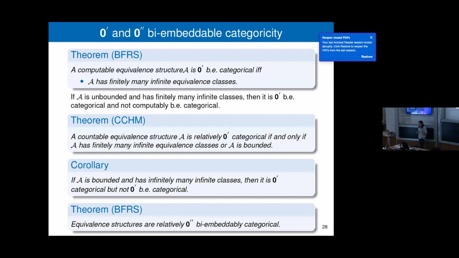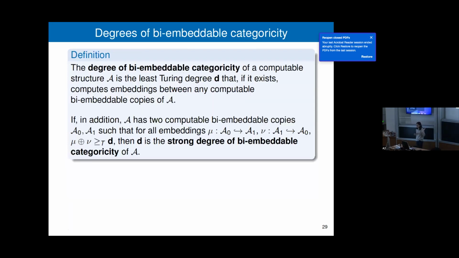This is actually not that hard to do for bi-embeddable categoricity. I would say that it is easier to work with bi-embeddability, at least for equivalence structures.